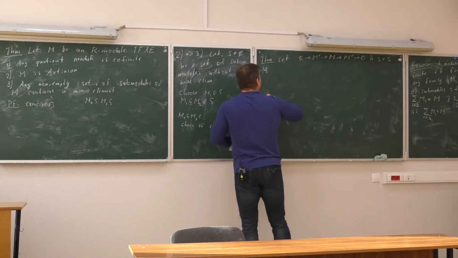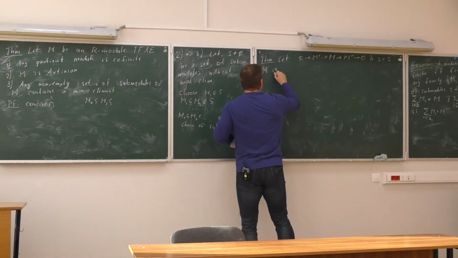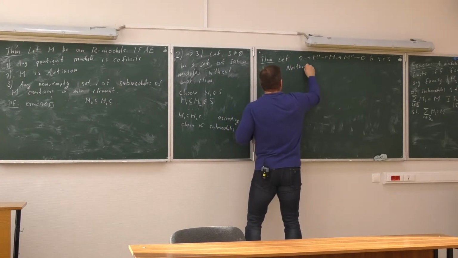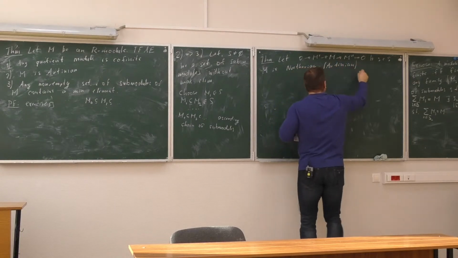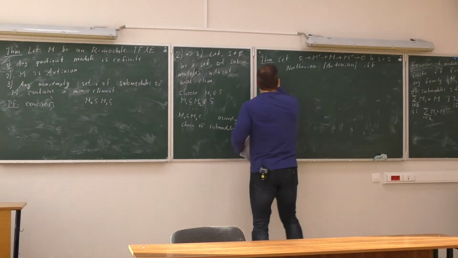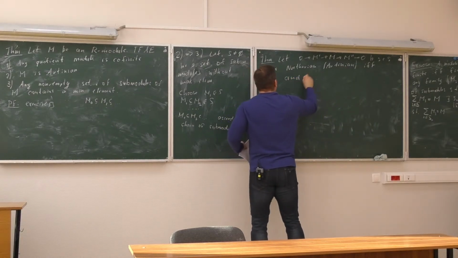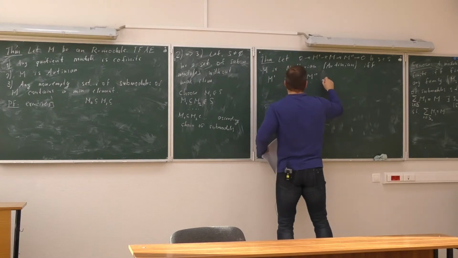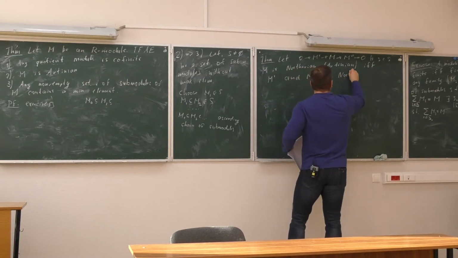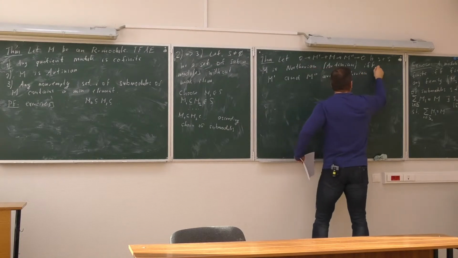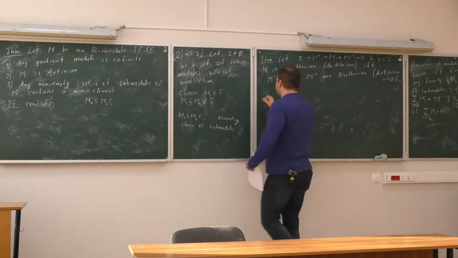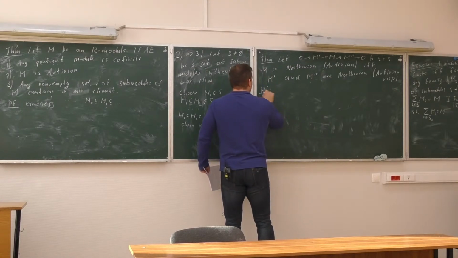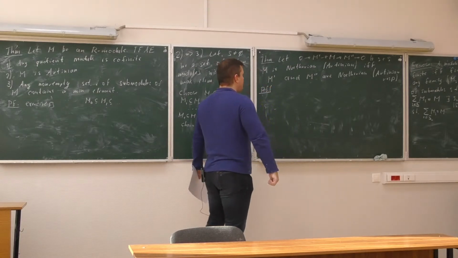Then M, the module in the center, is Noetherian or Artinian if and only if M' and M'' are Noetherian, Artinian respectively. The proof will be for the Noetherian case; for the Artinian case, the proof is exactly the same.